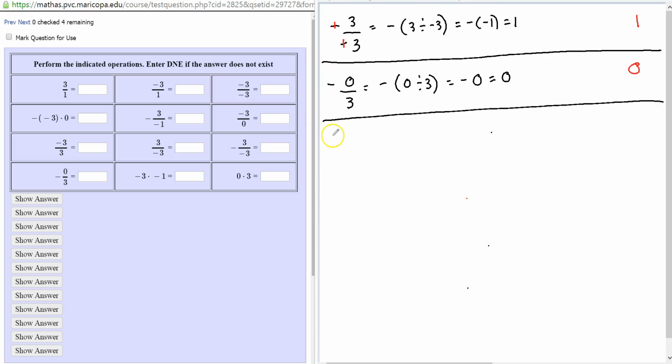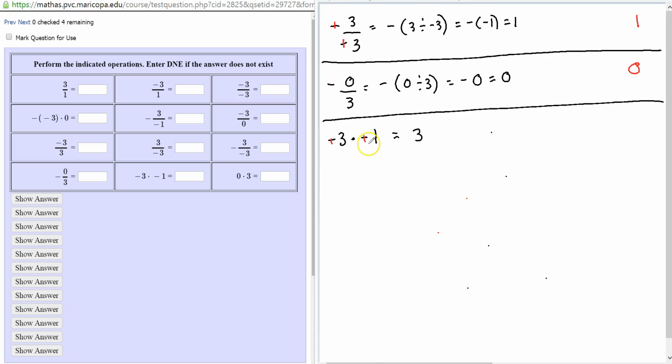Now we have negative 3 times negative 1. Well, we already saw to multiply two numbers, multiply their absolute values. 3 times 1 is 3, and the product of two negatives is positive. And again, if you'd like, when you see two negatives, they cancel out, making these positive signs, and our result is positive.